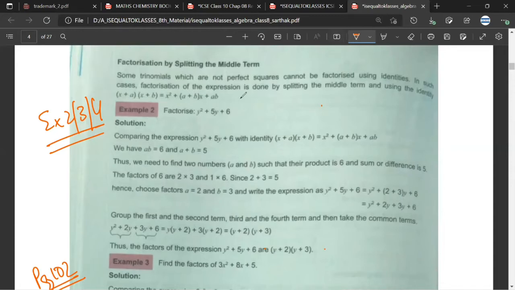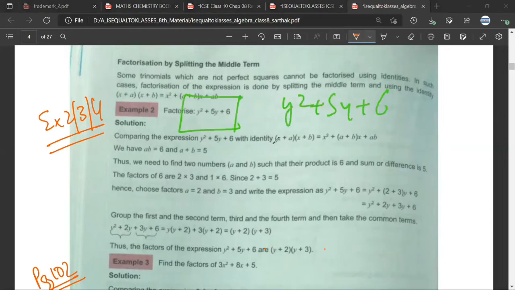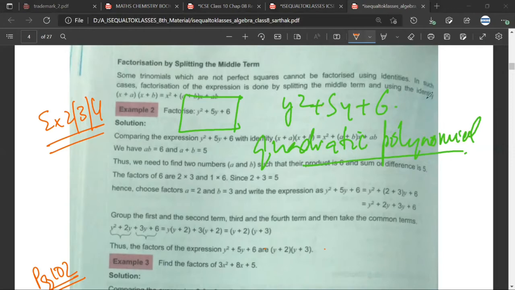and this y square plus 5y plus 6 is a quadratic, let me just call it quadratic polynomial. If I write this as equal to 0, this would be called a quadratic equation. Mr. Sarthak, am I making sense or not? Yes.